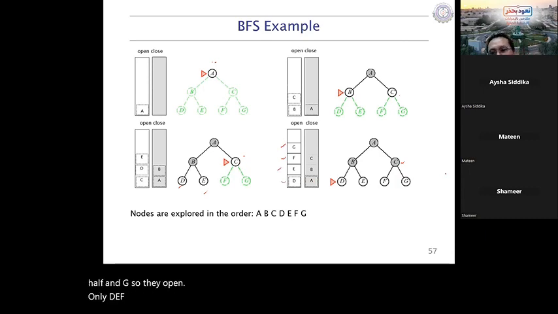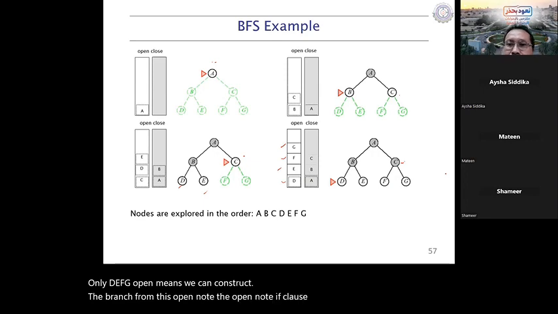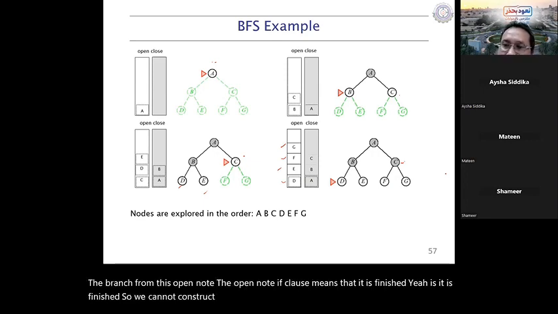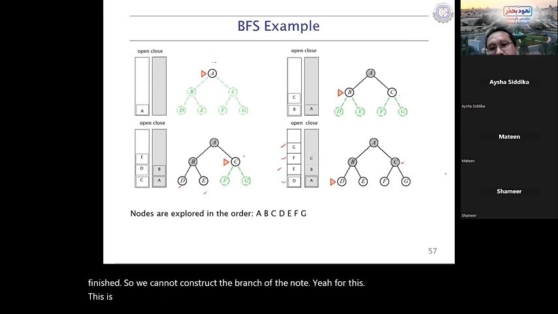Open means we can still construct branches from this node. Closed means it is finished, so we cannot construct branches of that node. This is open and closed. So when we construct BFS, we go for the shallowest first.